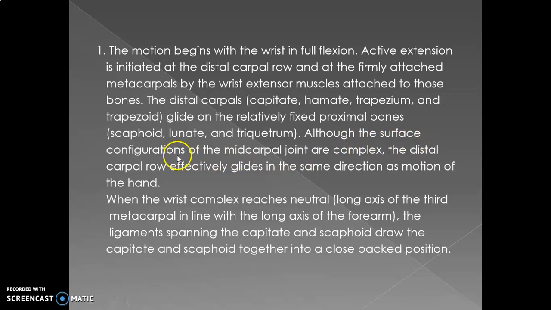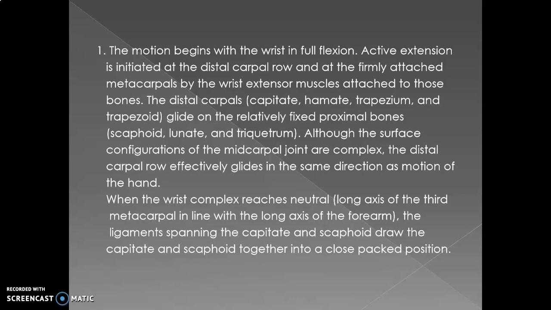Although the surface configurations of the midcarpal joint are complex, the distal carpal row effectively glides in the same direction as the hand. That is what we are understanding.